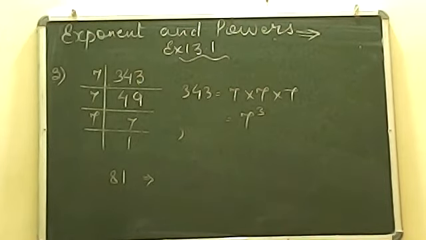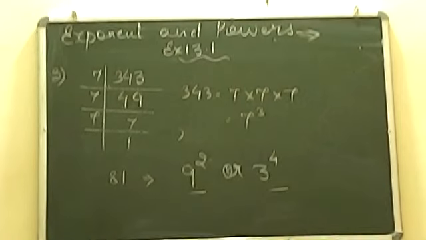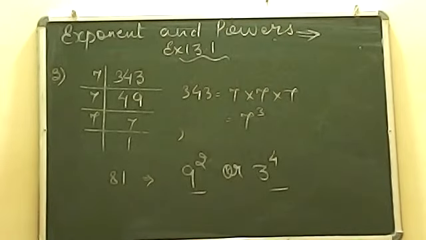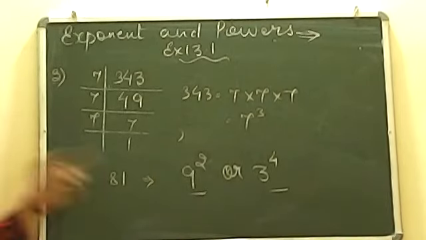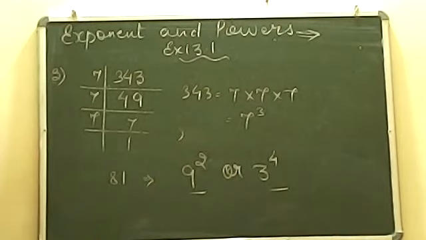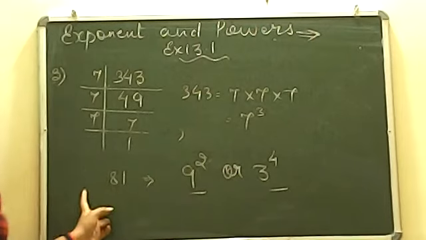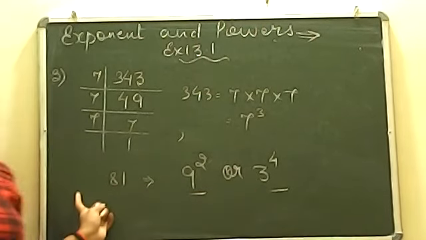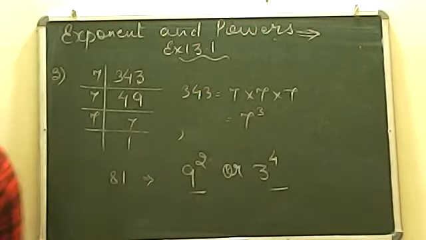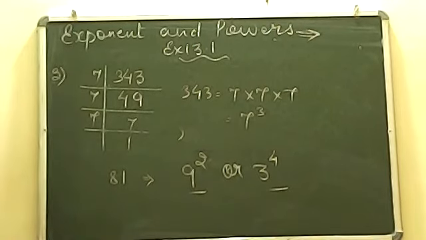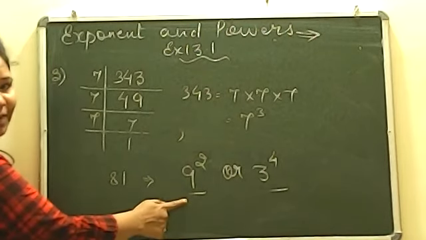Okay, or students, sometimes this condition will happen कि आपको दो आंसर मिलेंगे, like because दोनों ही सेम आंसर दे रहे हैं आपको. 9 की पावर 2 will give you 81, 3 की पावर 4 will also give you 81 only. But keep in your mind, beta, when we use the method of prime factorization, you always break the number into its simplest way, and 9 is not the simplest number.